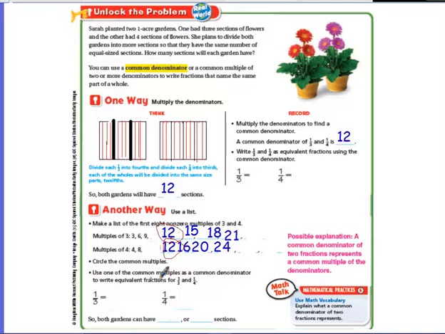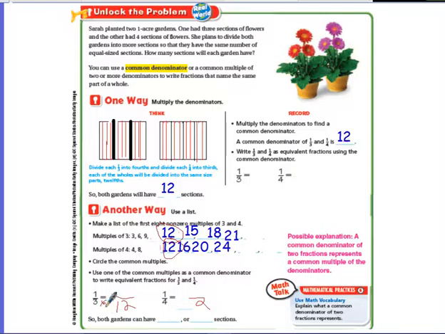So use the common denominator multiples to write an equivalent fraction. So remember, if we put 12 down here, because that is now our new denominator, what you do to the denominator, you have to do to the numerator. So 3 times 4 got me to 12.